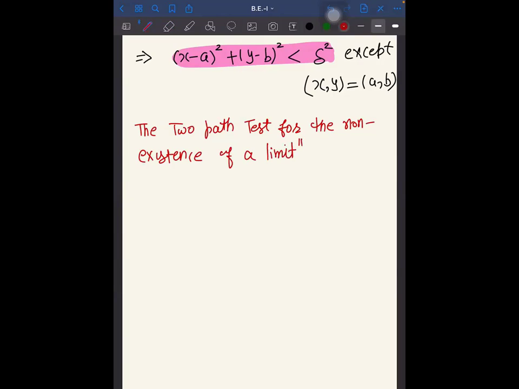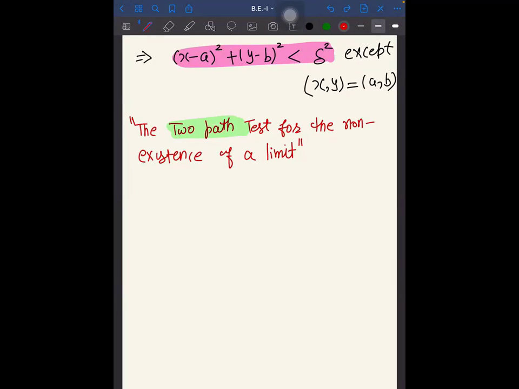So as it is clear by the name, you need to find out two different paths, so that the limits are not same along these paths. Okay, so if the limits are not same along these paths, you will simply say that limit does not exist, right? Are you getting this? Yes, sir.